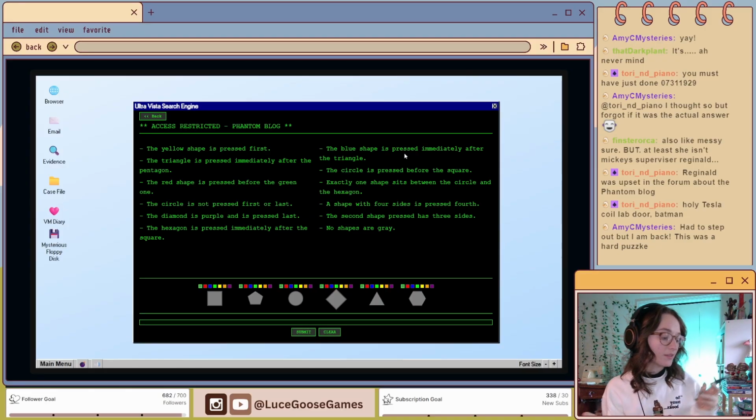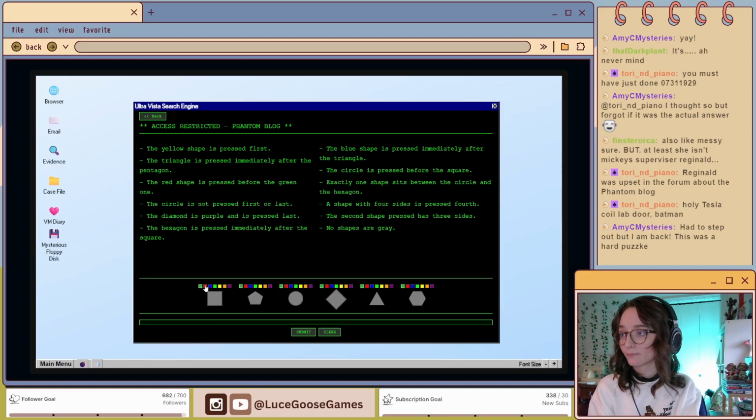So I believe that the square is red and the hexagon is green, which leaves the triangle to be orange. So that leaves us with yellow pentagon, orange triangle, blue circle, red square, green hexagon, purple diamond.